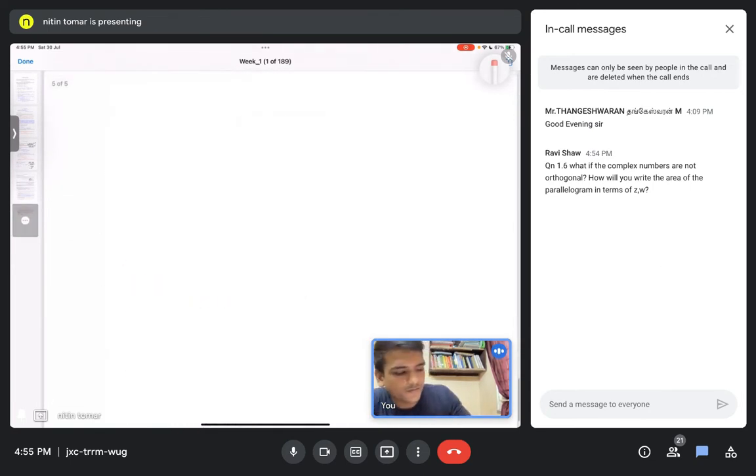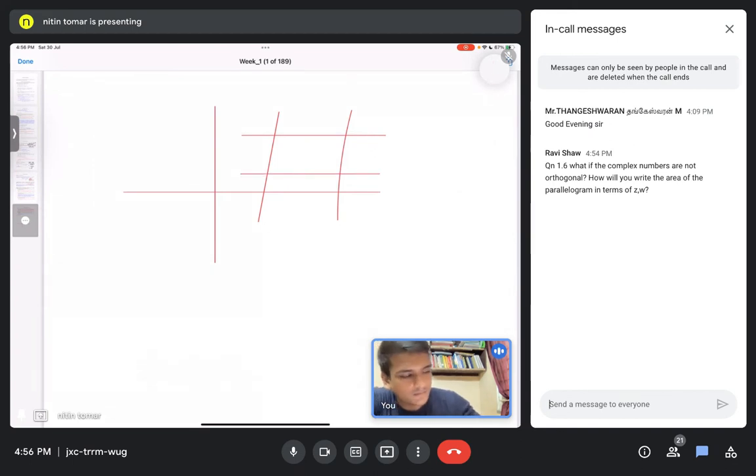So for example, if you have any parallelogram in the complex plane, let's say this is y1, this is y2. You can use your double integration technique, with dx dy and appropriate limits, and this will be your area.